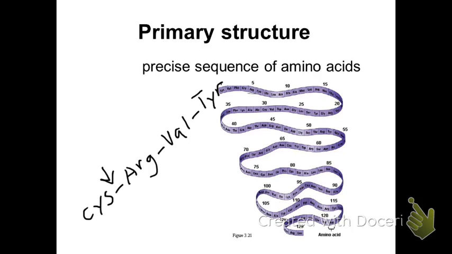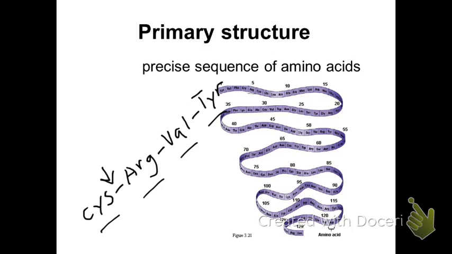And again, the sequence, the order of each one of these amino acids is determined by our genetic makeup. And that sequence needs to be precise, needs to be very good. Now, if another amino acid is incorporated in there in the wrong place, that can result in the wrong folding of a protein.